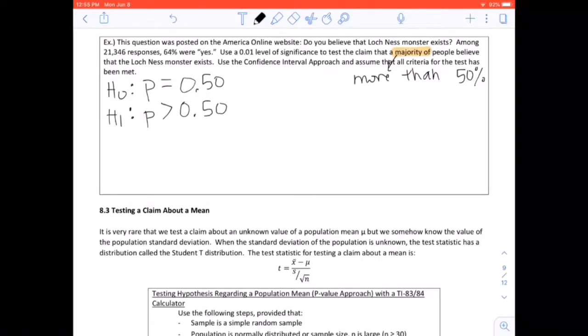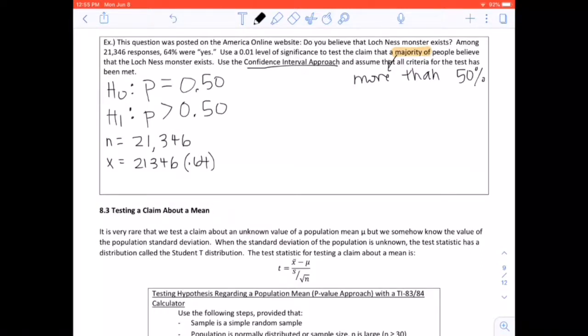In order to do this, it does want us to use the confidence interval approach. So we will be using 1-PropZInt. But in order to get that set up, we need to think a little bit. First thing is we have n, and n is the number of people that responded, and we have 21,346. x is going to be equal to 21,346 times our value here, that 64%, which is 0.64.